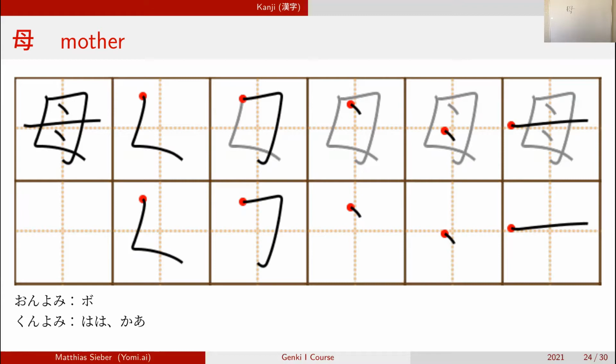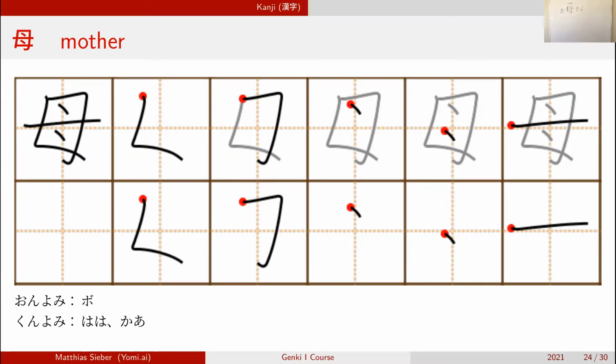So this by itself is haha, which really refers to my mother. But it also has a different reading, kunyomi, ka, as in okaasan.